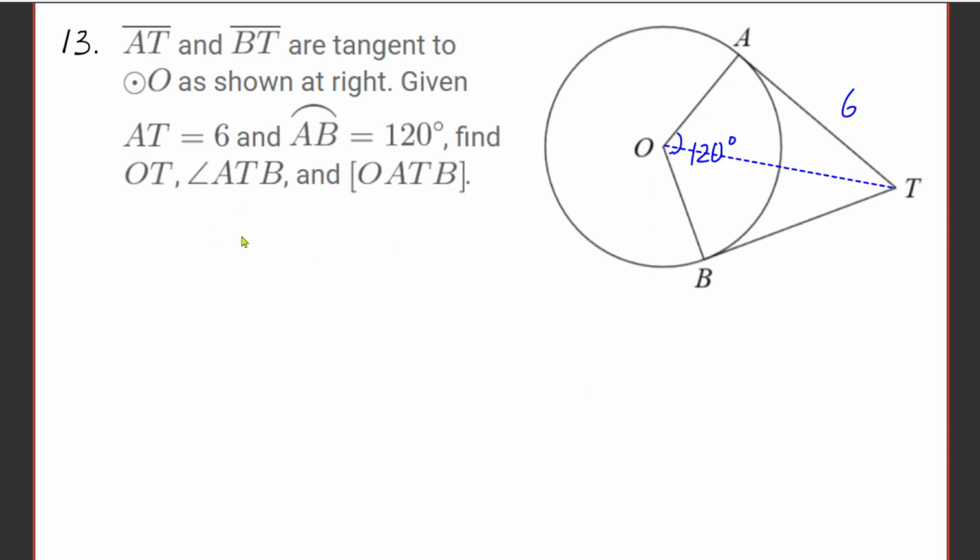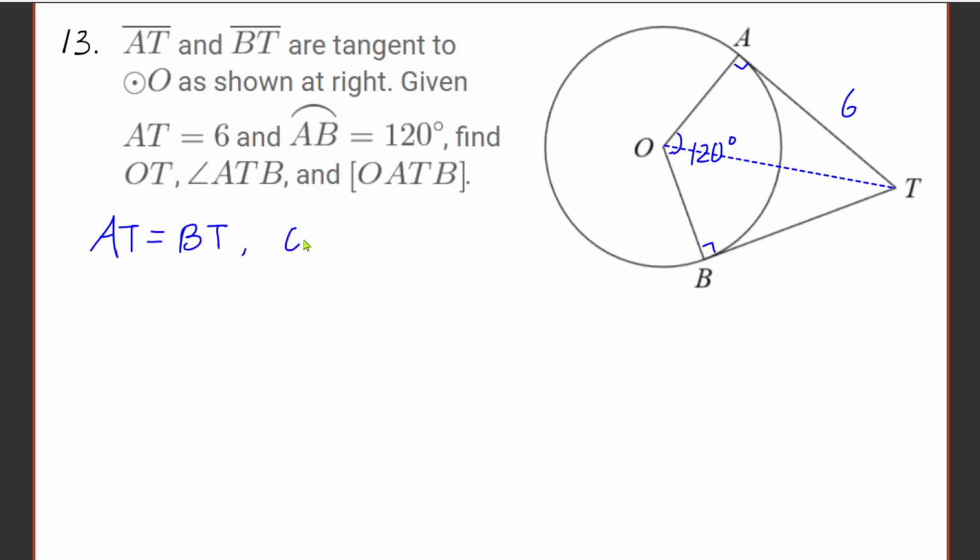Okay. Since TA and TB are tangent to that circle, both angle A here and angle B here are 90 degrees. So we can divide the area of OATB into 2 right triangles by drawing OT, right? Since AT and BT are tangents to the same circle from the same point T, we have AT equals BT, right?